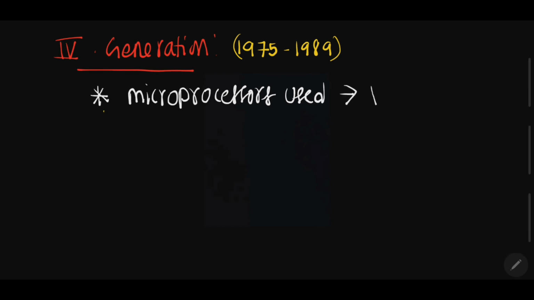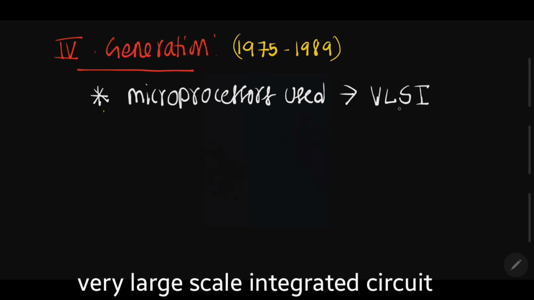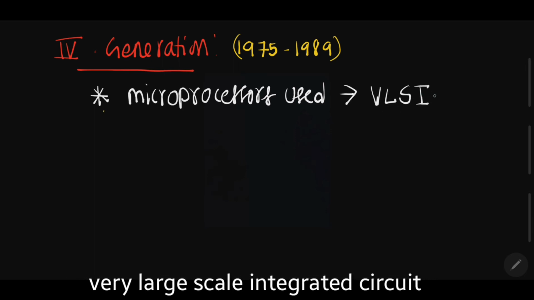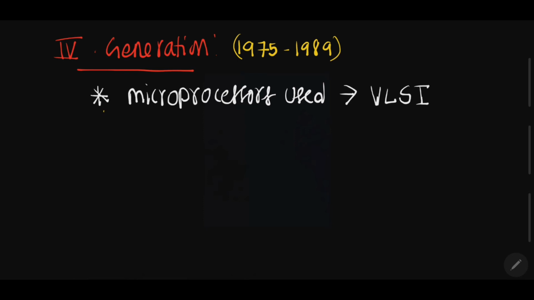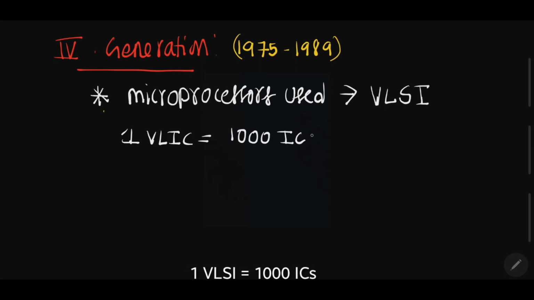We can also call this VLSI, very large scale semiconductor integrated circuit. That means one VLSI is equivalent to approximately thousands of ICs. Because of this, the size is completely reduced.